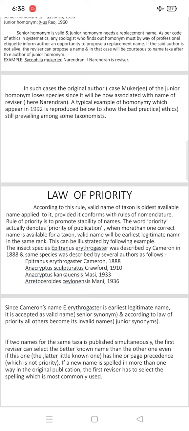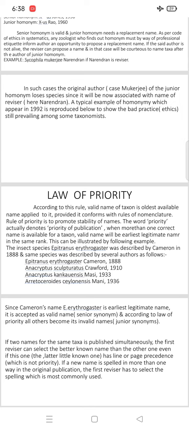The rule of priority is to promote the stability of the names. That means the rule of priority will promote the stability of the names. The word priority actually denotes priority of publication.